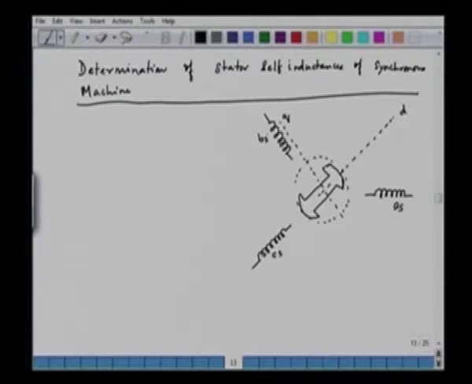Now, we can assume that each phase of the stator has an effective number of turns of Ns. Ns is the effective number of turns of a stator phase. This also has the same number of turns Ns. This also has the same number of turns Ns. Now, let us assume that this winding is carrying a current, that is IAS.